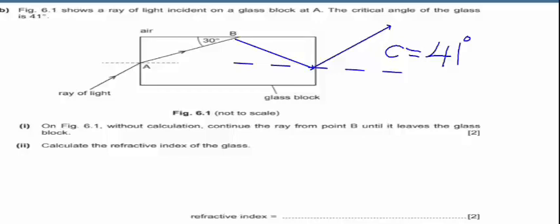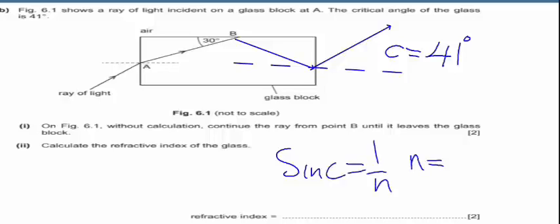Now as for Roman numeral 2, it is saying, calculate the refractive index of the glass. We have been given the critical angle, so we can easily use this formula where sin critical is equal to 1 over refractive index. Therefore, refractive index is equal to 1 divided by sin critical.